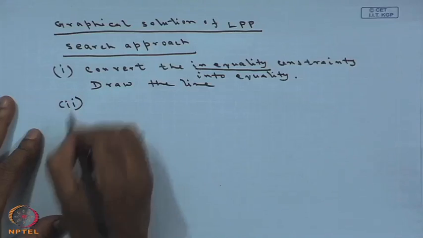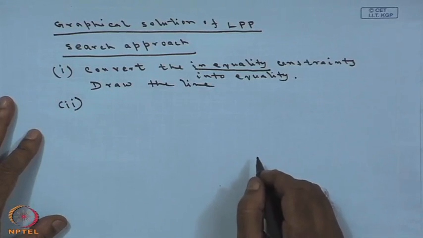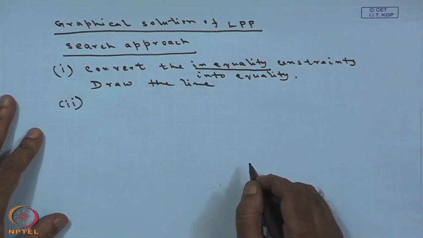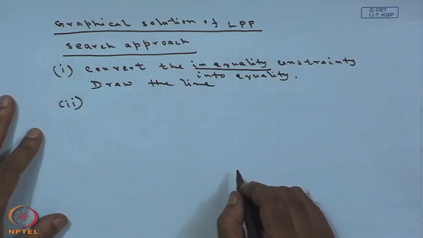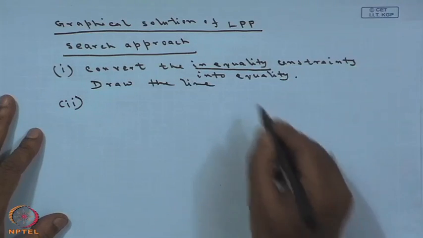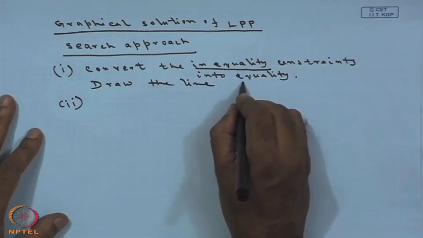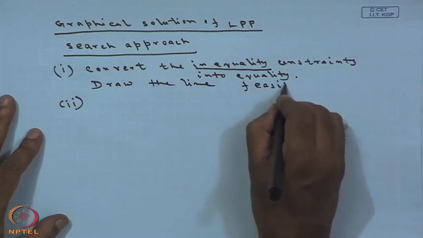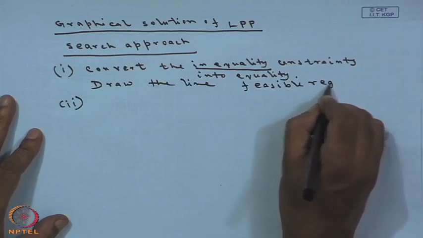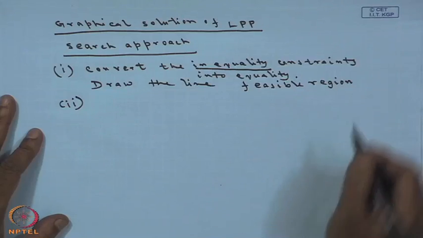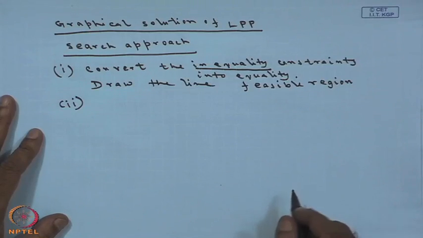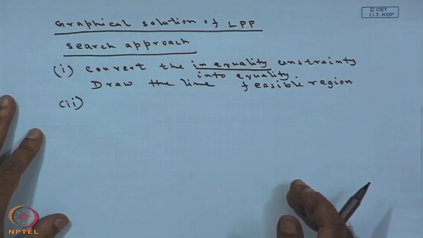Your next step is, once you have drawn the lines, the intersection of these lines will give you the feasible region, which I have already told by one example. So, in the first part, you are converting the inequality constraints into equality constraints and then drawing the lines, and the intersection of these lines will give you the feasible region.